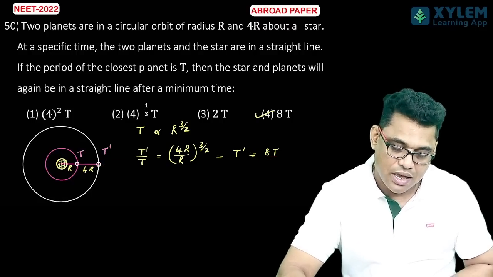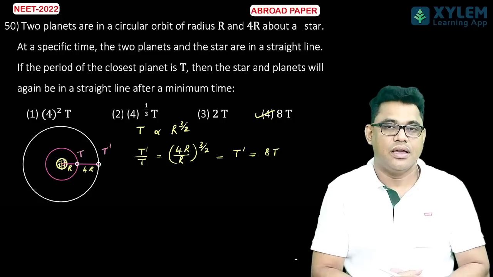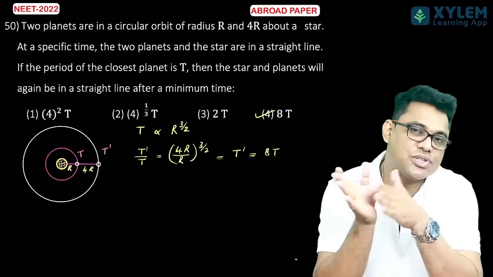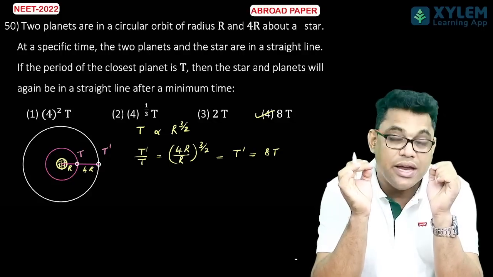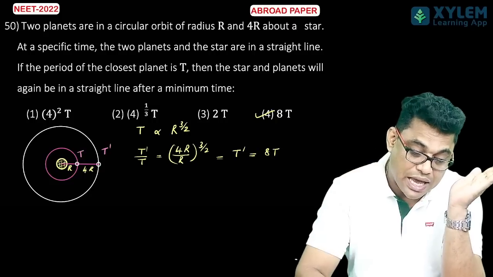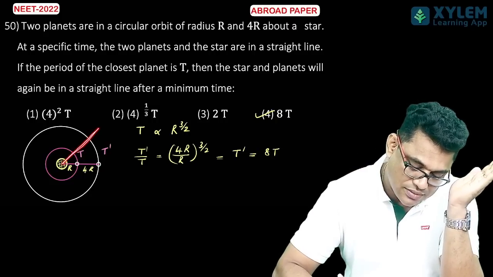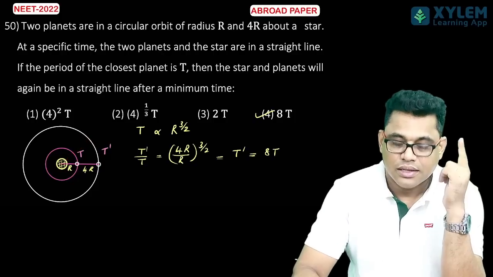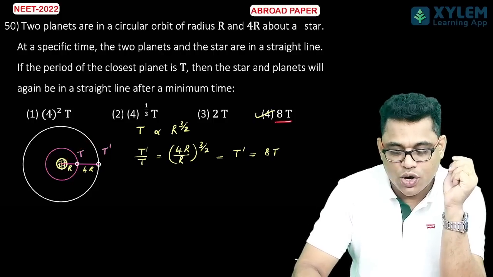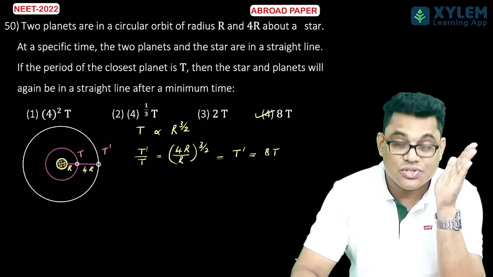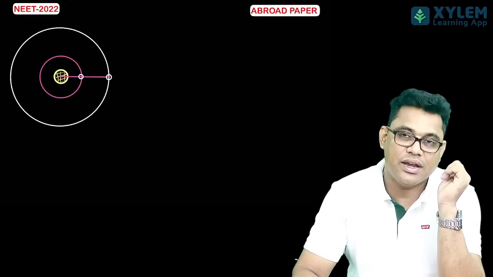But take care, before that, they can be in some other straight line. Therefore, the exact answer is not 8T here. Before that, they can be in a straight line. That is what we are going to find.